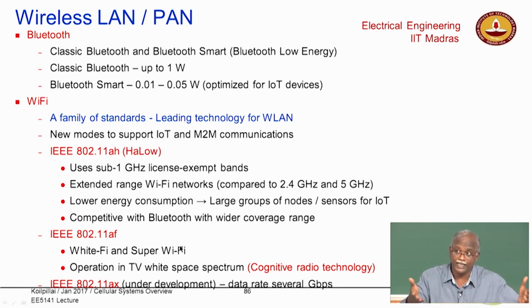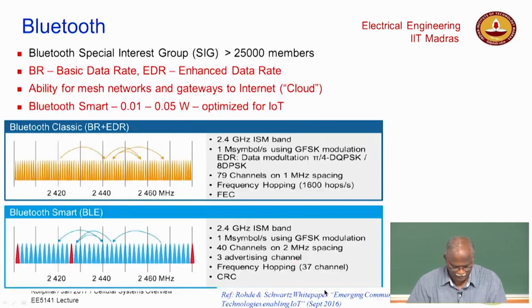Therefore those channels are not being used for anything else, and they are all in very good propagation frequency bands. So white space combined with Wi-Fi, they call it White-Fi, is a system optimized to operate in the TV white space. And as we speak, there is also a development of a Wi-Fi system that will touch gigabits per second over the air. So again, an interesting one.